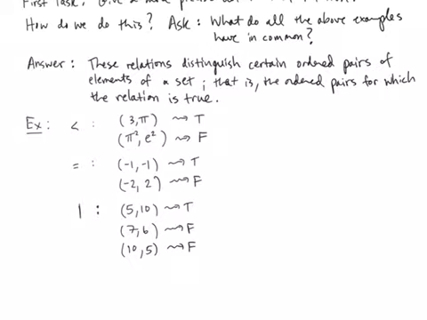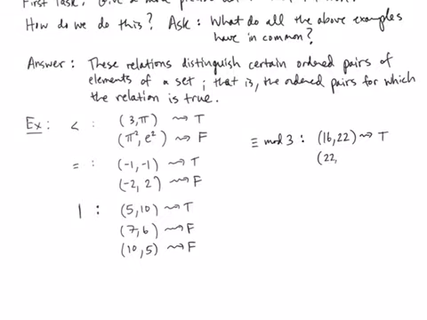Okay, and take something like equivalence mod 3. So 16 and 22. 16 minus 22 is negative 6, and that's divisible by 3. So that would be distinguished by our relation.